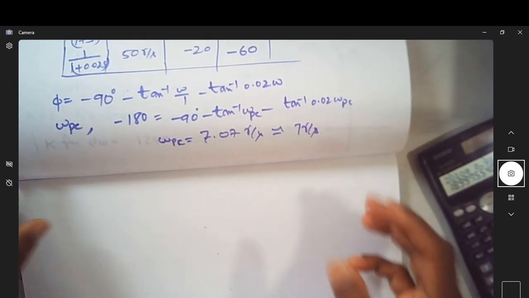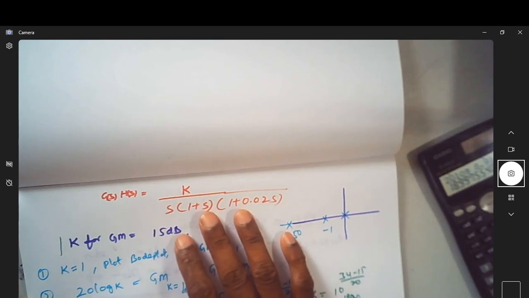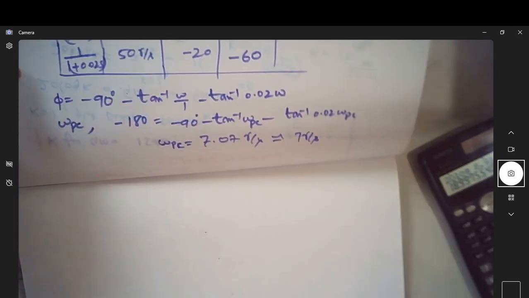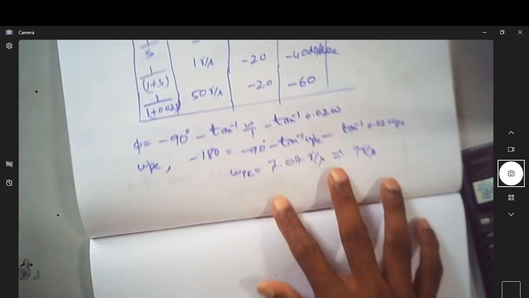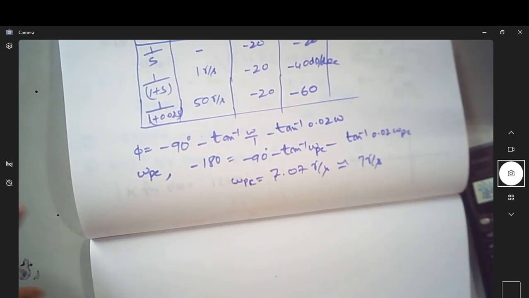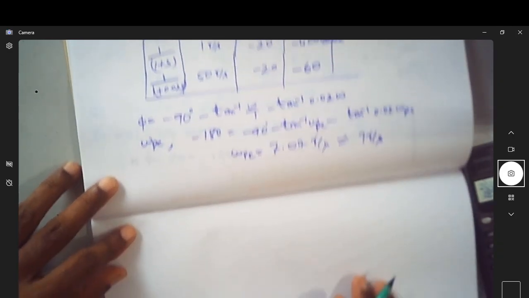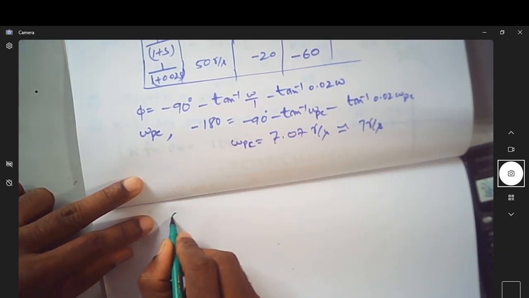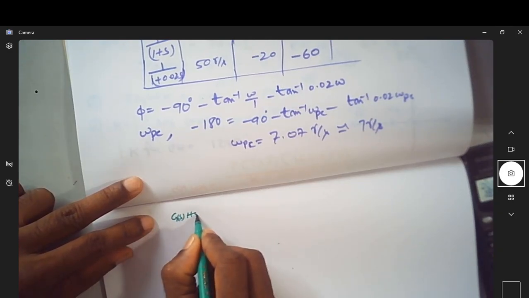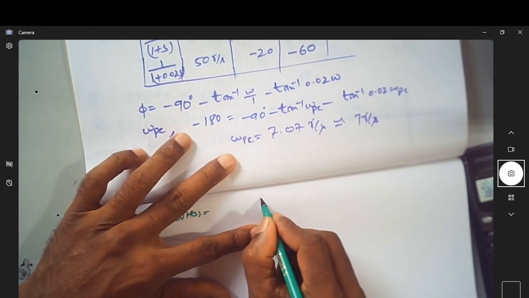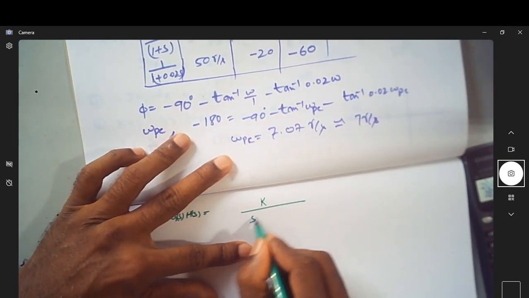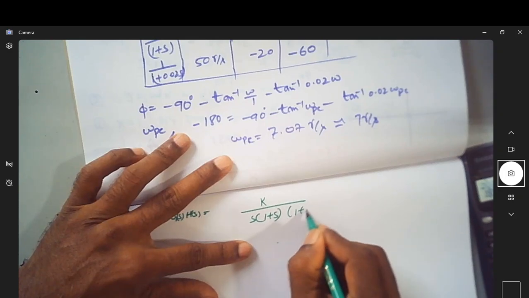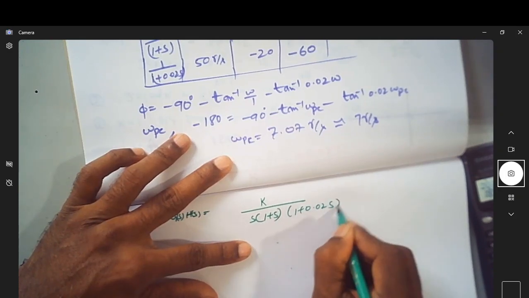Okay, now let us consider the same problem and try to find the value of K for a specified phase margin. G(s)H(s) is equal to K by s into (1 plus s) and (1 plus 0.02 s).